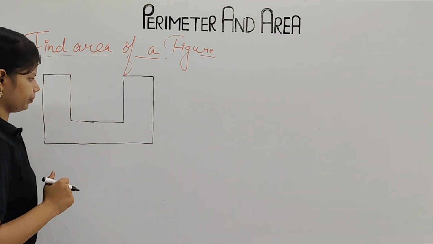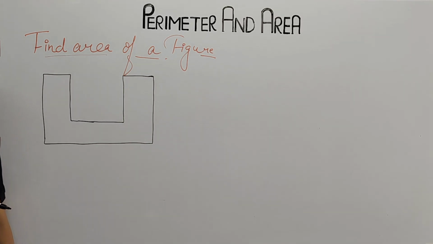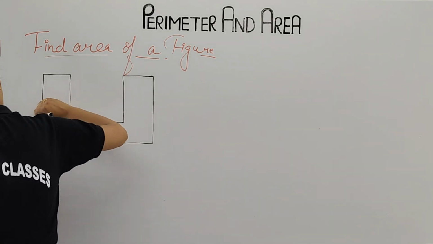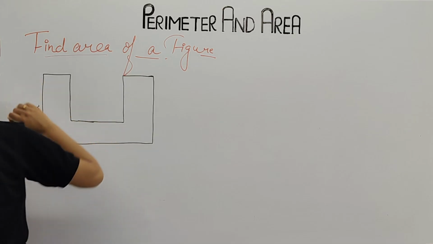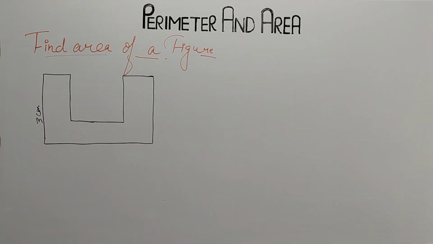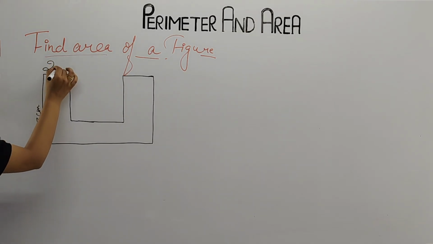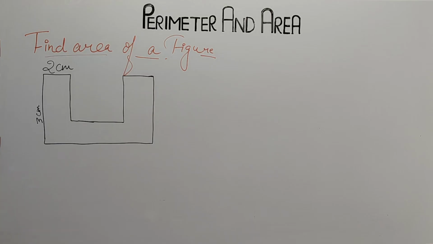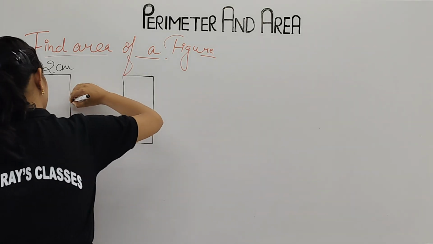Let's start from here. Please note this down and draw the figure so that I can give the measurements of this one. If your question is given, this will be your 3 centimeter. This will be your 3 centimeter. Next, the top part of yours will be 2 centimeter. The next part of yours is also 2 centimeter, like this one.